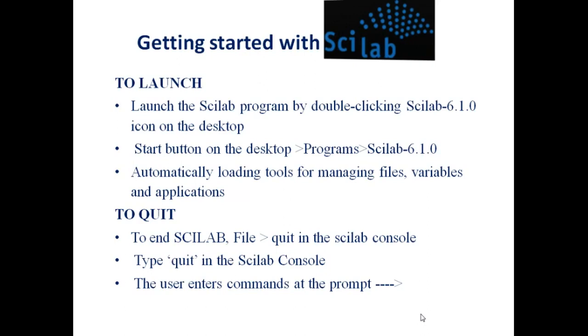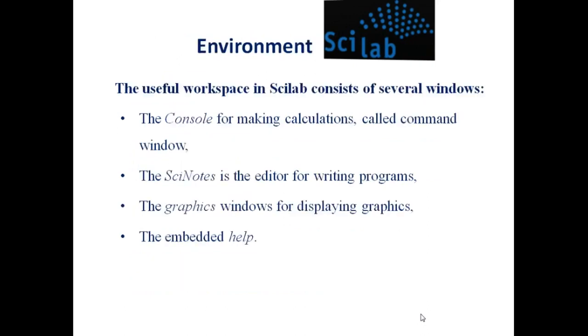When you launch Scilab, the command window appears on the screen, called the Scilab console, which is used for making calculations. Then there is another window which is used to edit, write, or save the program, called the Notes or editor window.